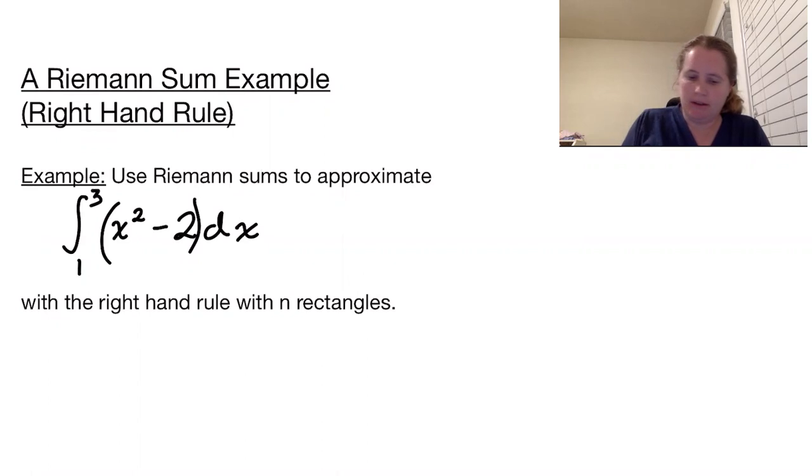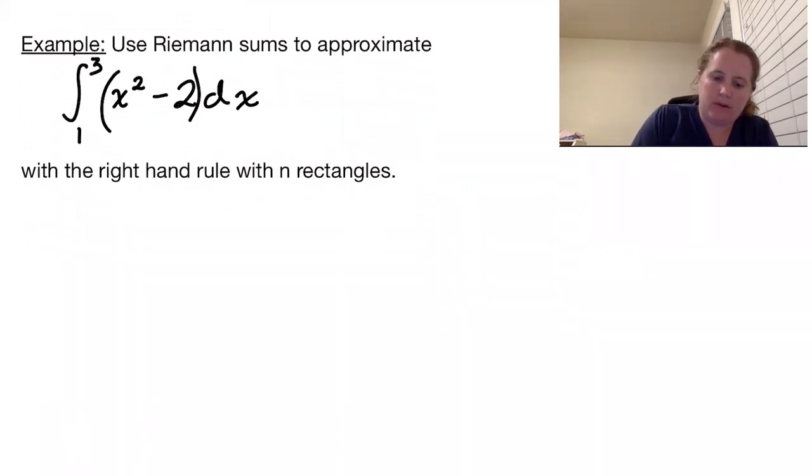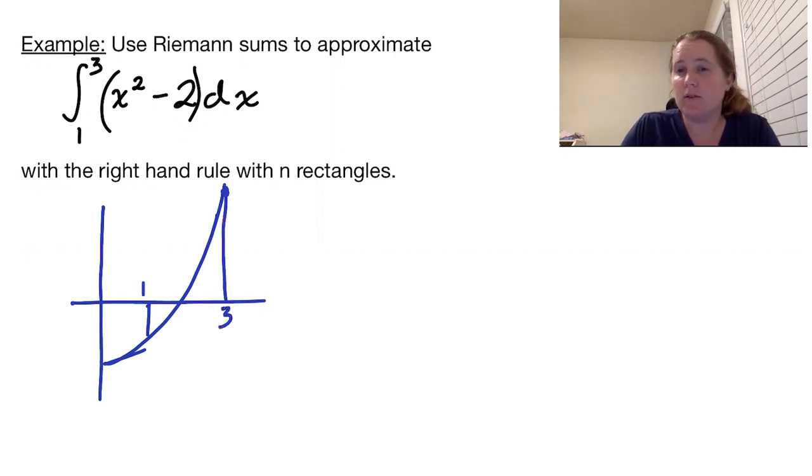So again, the idea here, we have our graph. And we are looking at the integral from 1 to 3. And we want to break into a bunch of rectangles.